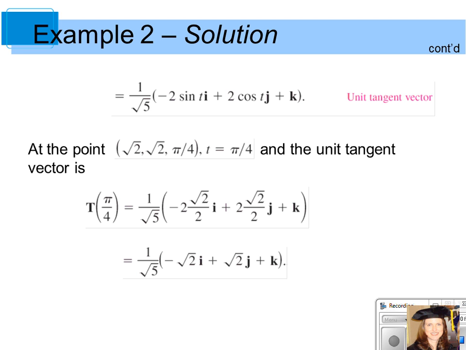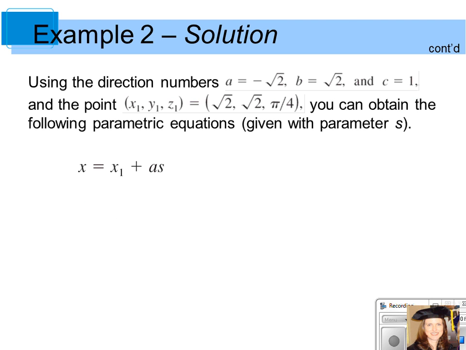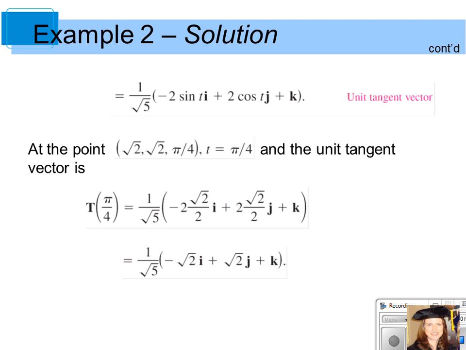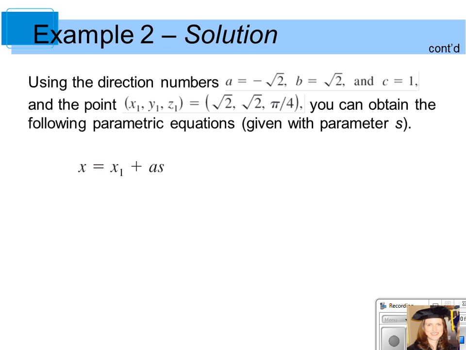At time pi over 4, the location on the curve is given here, and these are the components of your unit tangent vector. Now we're going to use the direction numbers negative square root of 2, square root of 2, and 1. That's your parallel vector. Going back, this is our unit tangent vector, so any multiple of it is going to be parallel. So by not using the coefficient 1 over square root of 5, you can use the direction numbers, the coefficients of your i, j, k vectors.